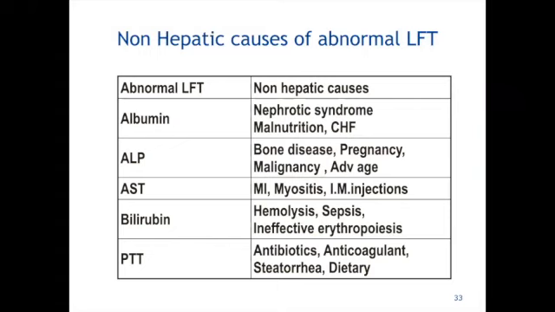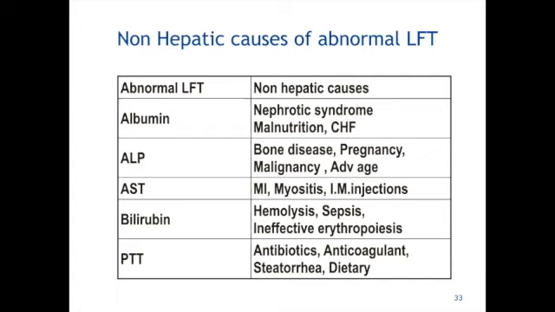There are other non-hepatic causes for abnormal LFTs, like albumin may be low in patients with nephrotic syndrome, congestive heart failure, or malnutrition. Alkaline phosphatase may be increased in patients with bone disease, pregnancy, malignancy, or even in advanced stage, you can have elevated alkaline phosphatase. Then AST, you can have elevation in myocardial infarction, myositis, or other IM injection.